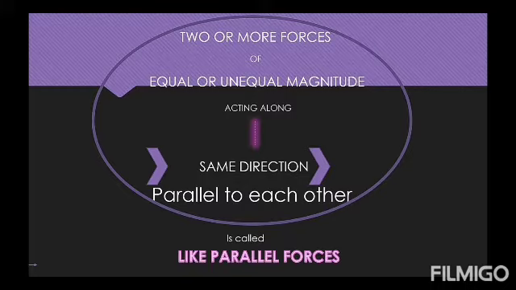The next one is unlike parallel force: if two or more equal or unequal forces act along opposite direction parallel to each other, then they are called unlike parallel force.